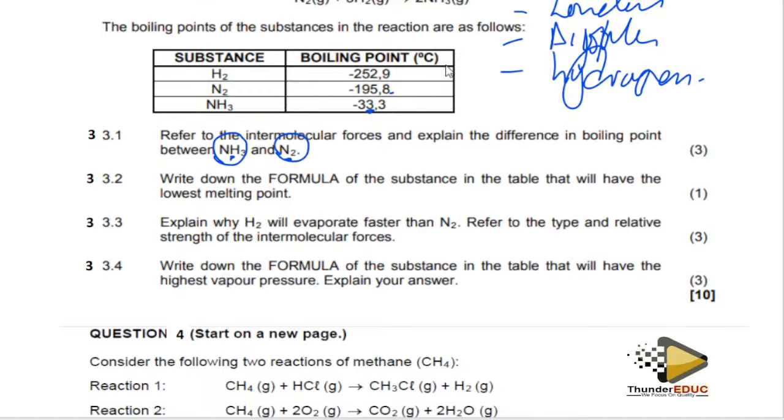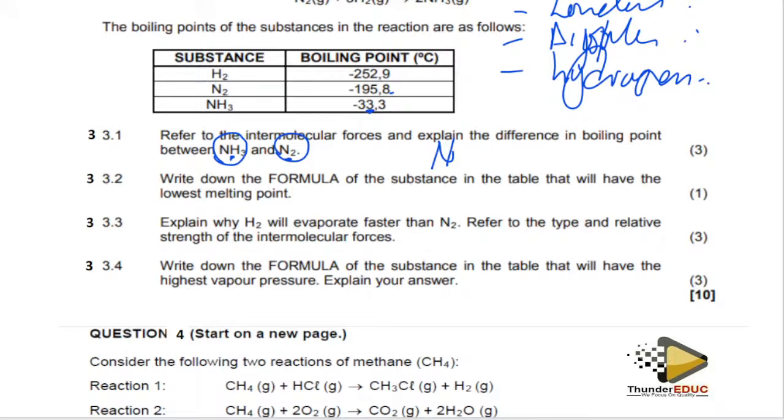The one which has a higher boiling point is the one which has a lower figure, because these are negatives. Basically, we said that hydrogen bonds are stronger than dipole-dipole, and dipole-dipole are stronger than London force. A hydrogen bond can only form when there is a hydrogen and a highly electronegative element or atom.